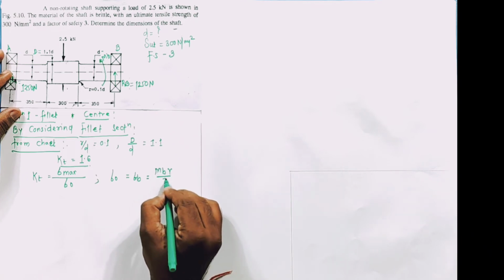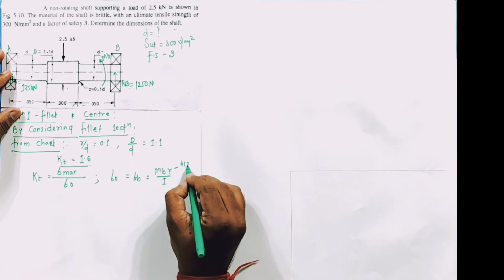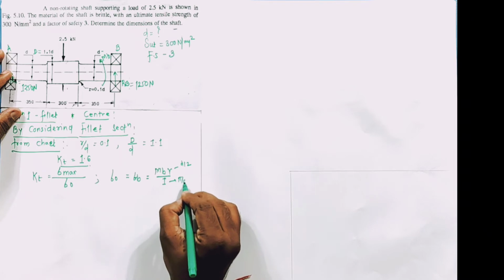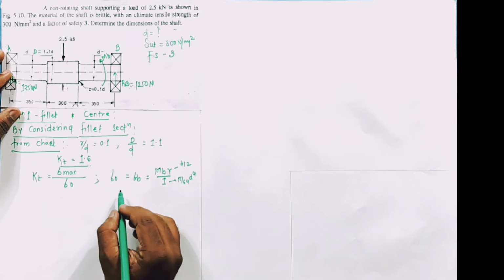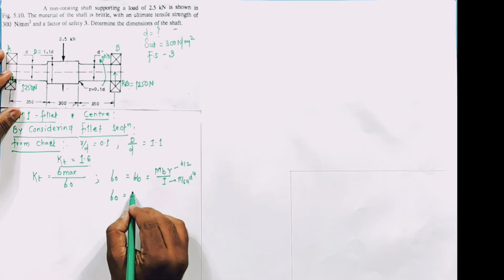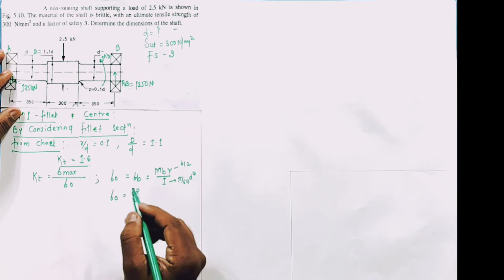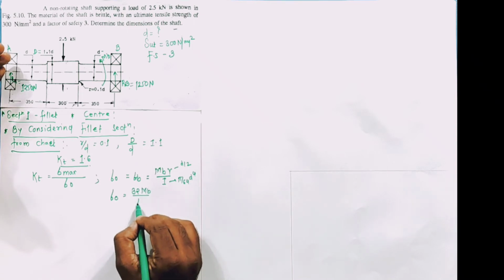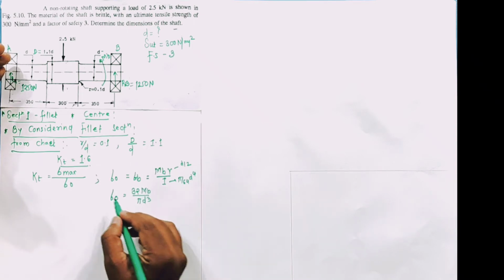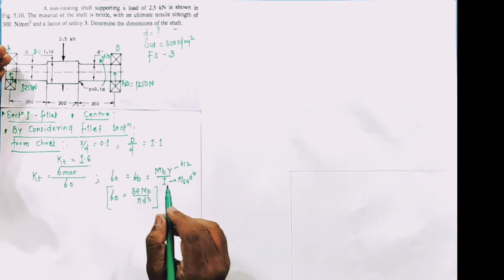MB we don't know yet. So I can say sigma O is equal to, for a shaft with a circular cross section, 32 MB by pi d cube. This will be the nominal stress.